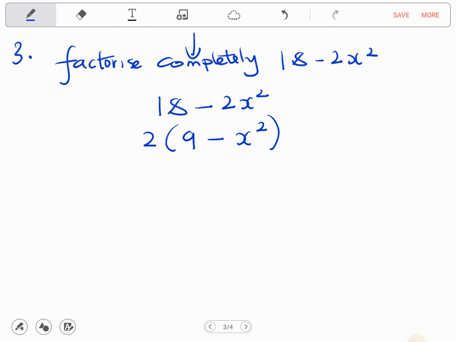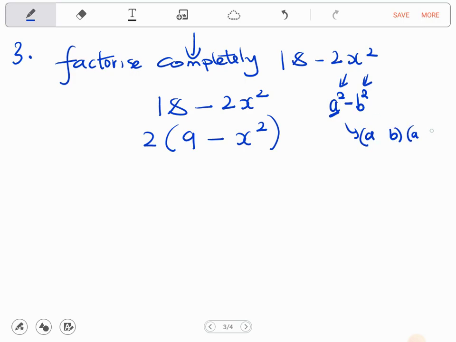Now, look at what has remained in the brackets. You can still factorize it using the difference of two squares, isn't it? I always say, if you have a squared minus b squared, you're trying to factorize. Remember that this is a square and that is a square, and there's a minus here. So it's a difference of two squares. How do we factorize? Well, you find the square root of a squared, which is just a, and the square root of b squared, which is just b.